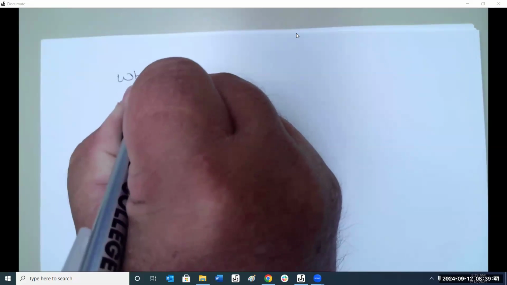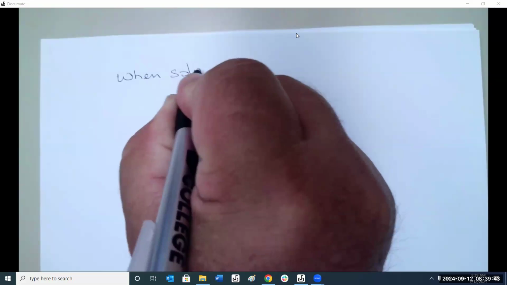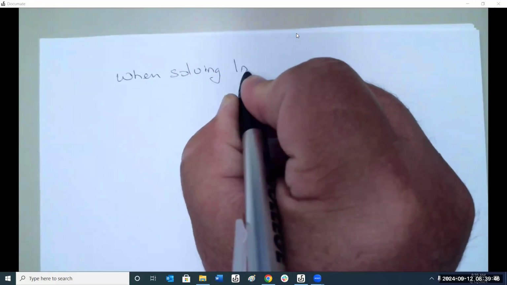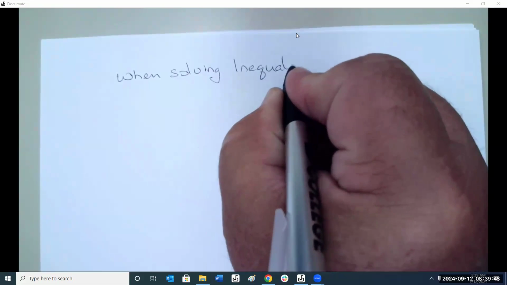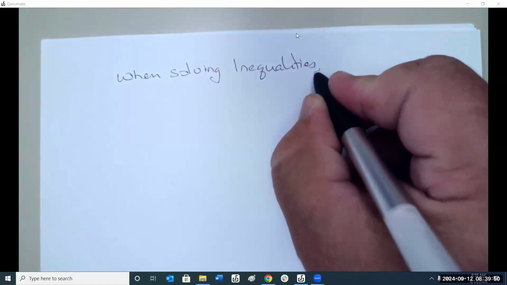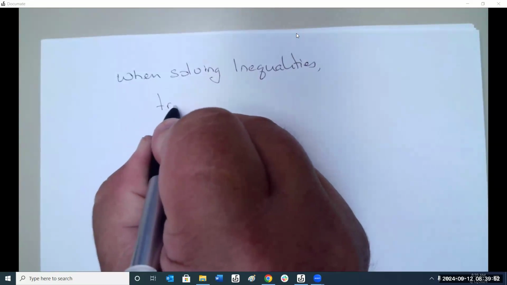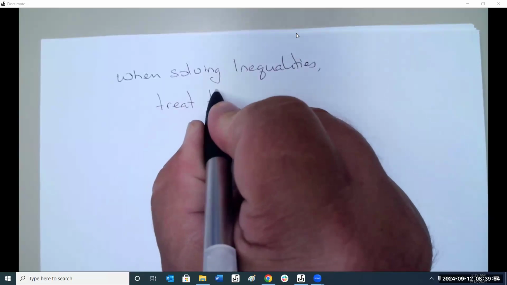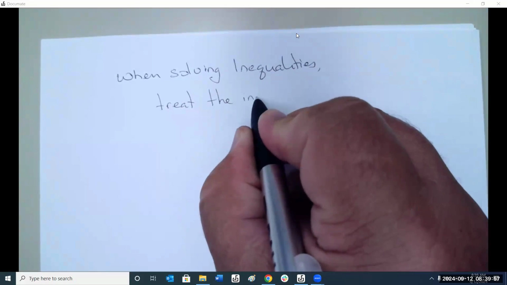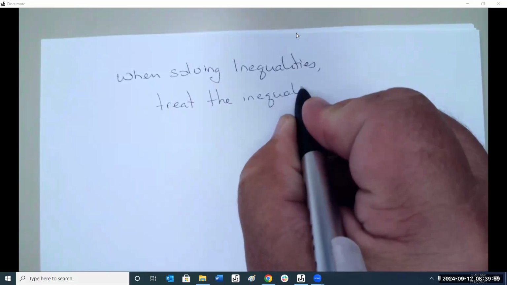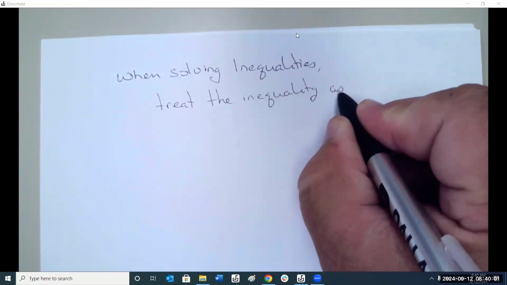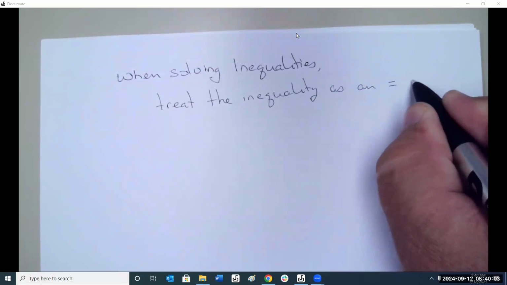Okie doke. Let's start solving things. Here's a couple of pointers. When solving inequalities, treat the inequality as an equal sign.